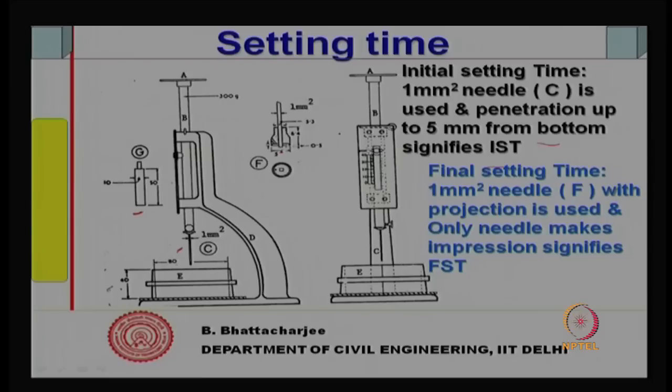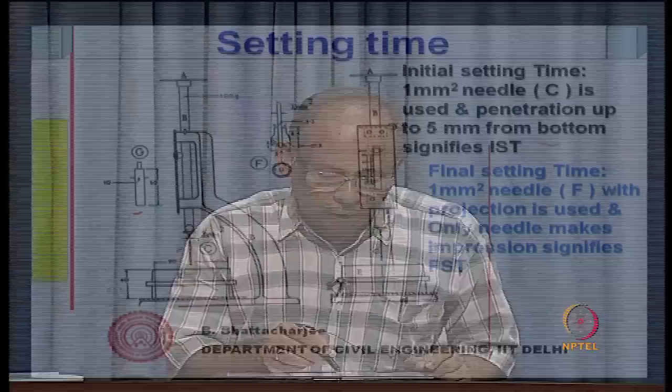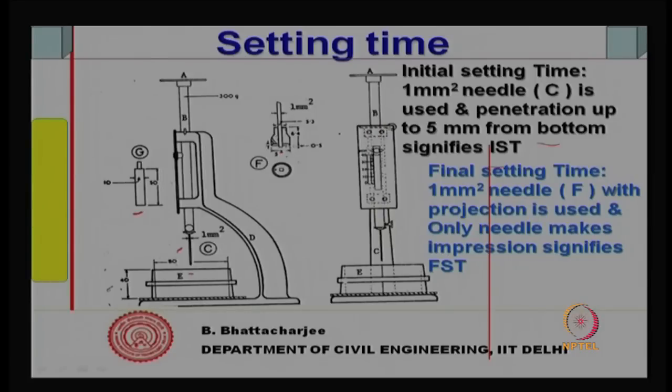When this projection makes a mark onto the cement paste top, but the outer peripheral mark is not there, and only the needle makes an impression, that means its penetration is very small, less than or equal to 0.3 millimeter. The other parts are not penetrating.